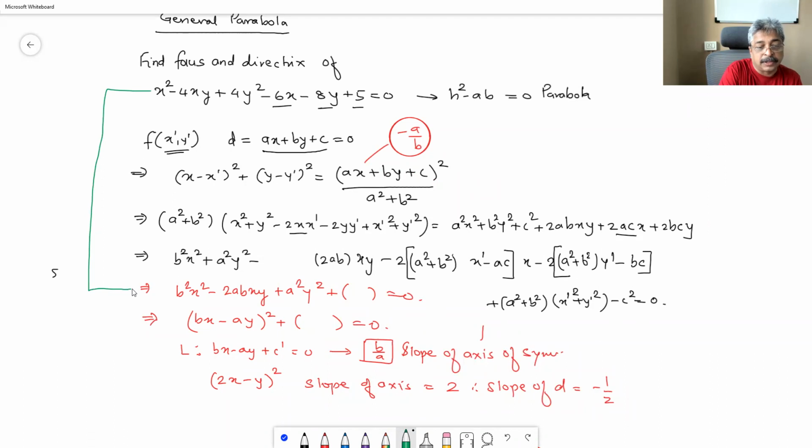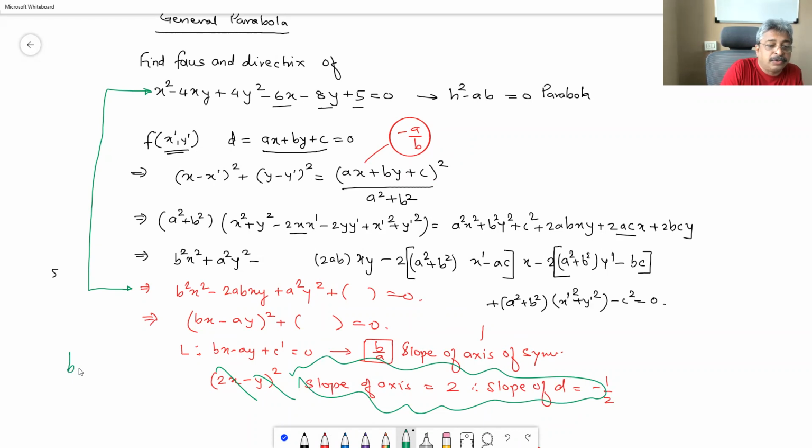We are comparing these two equations, and therefore b is equal to 1 and a is equal to 2.